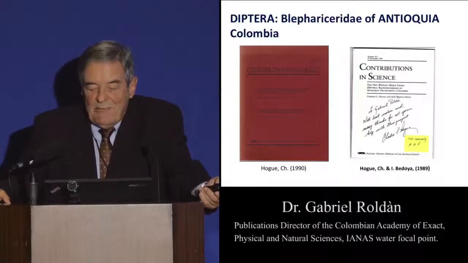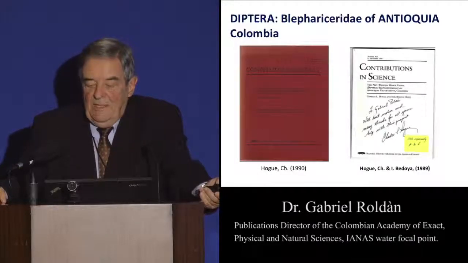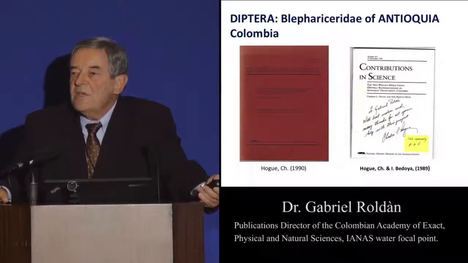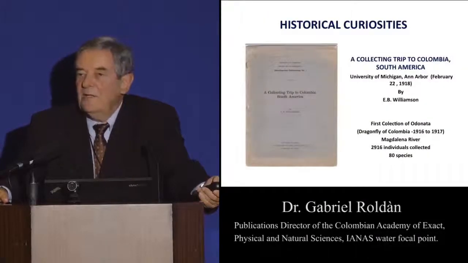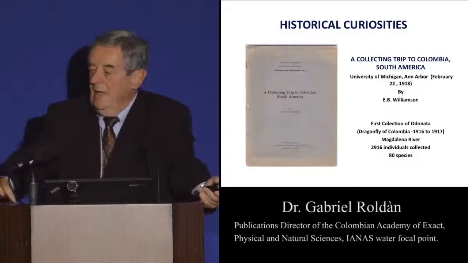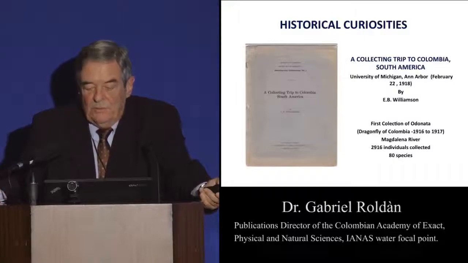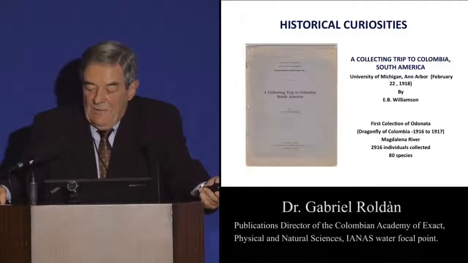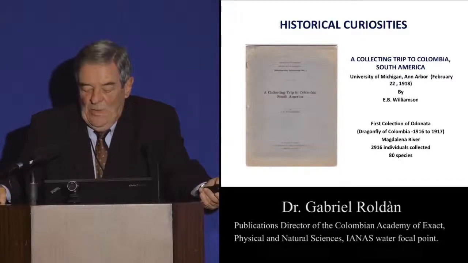This is a very special group from Diptera, Blephariceridae, in Antioquia, Colombia. All of these publications were made at the Los Angeles Museum in California. And we have a historical curiosity from looking through the literature. I found a review: a collecting trip to Colombia, South America, University of Michigan, Ann Arbor, 1918, by Williamson.